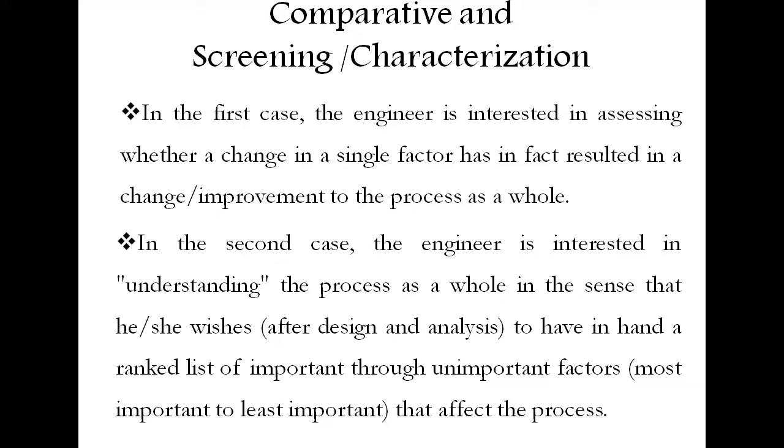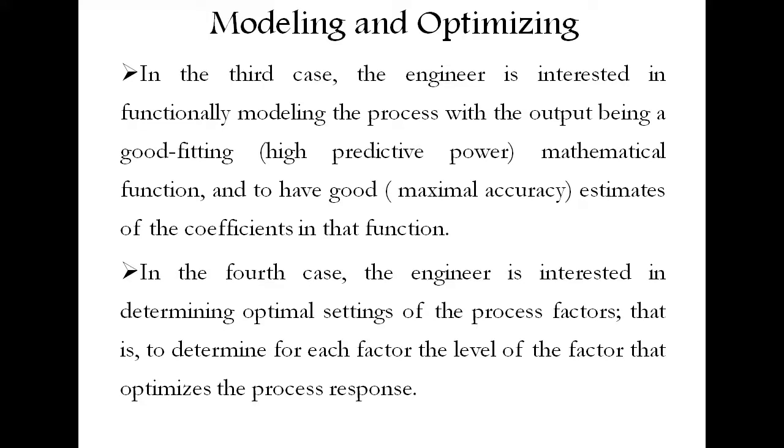In the second case, the engineer is interested in understanding the process as a whole, in the sense that after design and analysis, it is easy to find out which factor is most important and which is the least important. With the support of DOE, you can easily screen or characterize the factors. Then modeling.